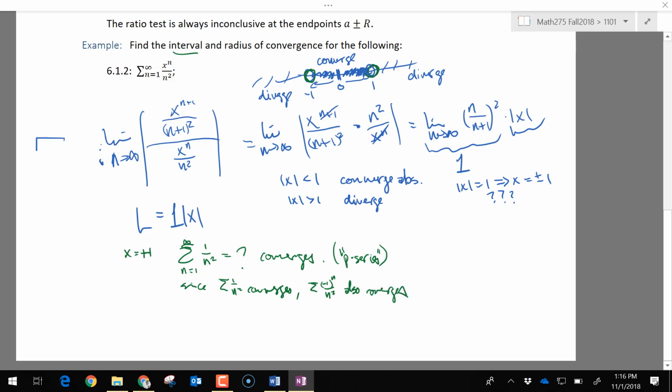Then the -1 is going to converge automatically. If it diverges, then you have to check. So if the positive one diverged, then you would have to check the alternating series to see if it still converges. But this is why you do the positive one first. If the positive one converges, then you're done. So we can conclude that the positive and negative ones are also included.